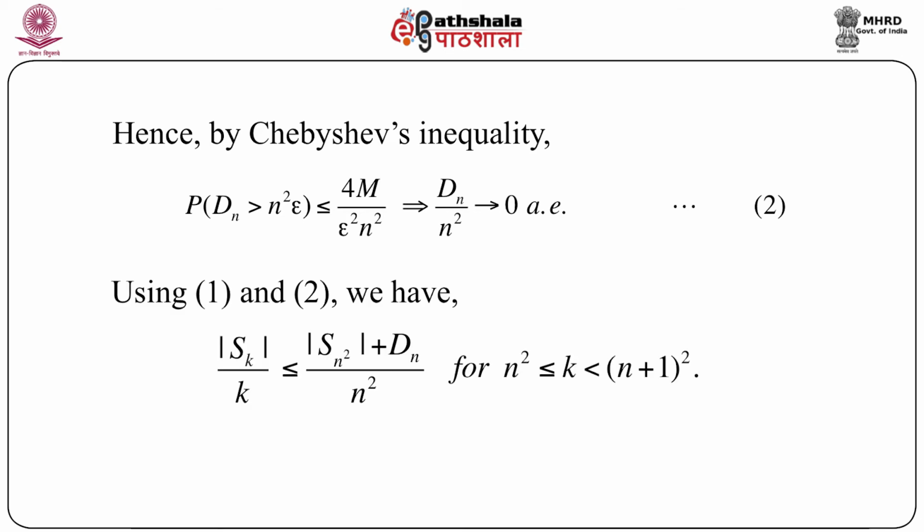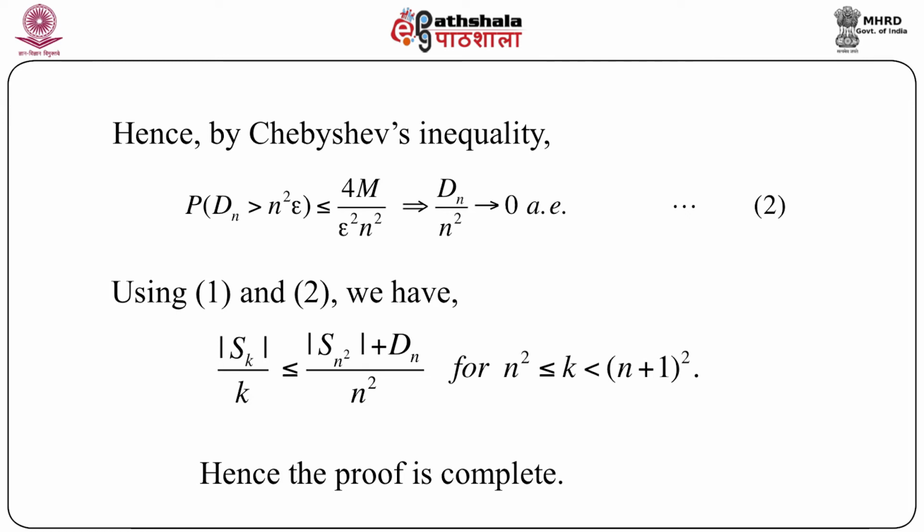Now using 1 and 2, we can write that modulus of Sk by k is less than or equal to modulus of Sn square by n square plus Dn by n square, whenever n square is less than or equal to k less than (n plus 1) whole square.